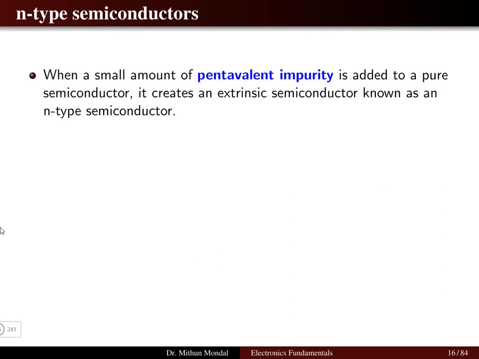When a small amount of pentavalent impurity, pentavalent meaning it has 5 valence electrons, is added to a pure semiconductor, it creates an extrinsic semiconductor known as N-type semiconductor. So N-type semiconductors are formed due to the donor impurities, and donors are basically pentavalent.